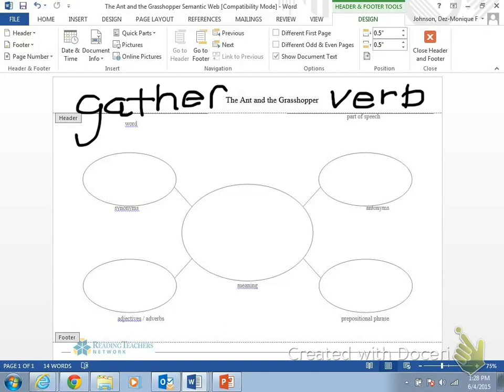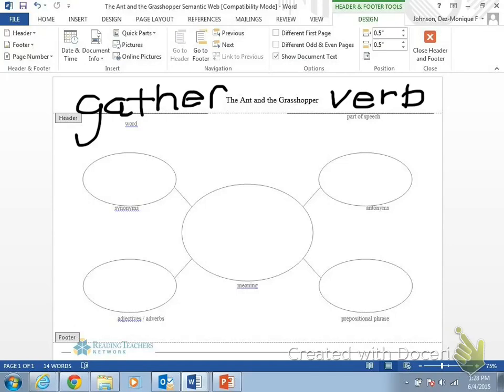Now we need to find the meaning of the word gather, and we need to find two synonyms, two antonyms, is it going to be an adjective or an adverb? Yes, you figured that out. It's going to be an adverb because the part of speech is a verb.